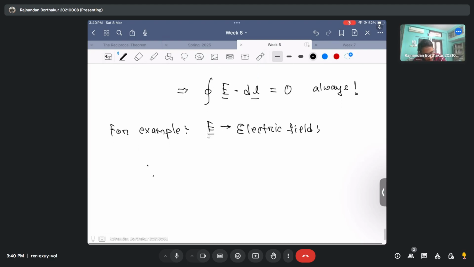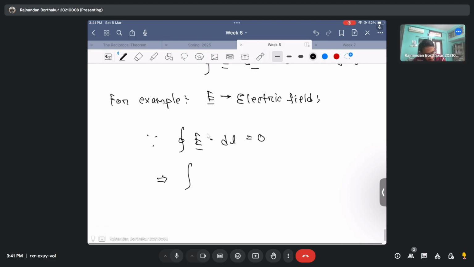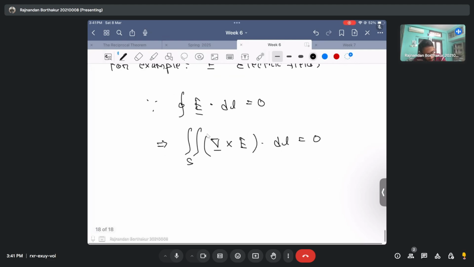Since if I integrate the electric field along a closed curve that is zero, which is something that we saw, now if I apply the Stokes theorem, I basically need to integrate over a surface the curl of E dot dA, and this is zero. And then for any generic surface, I can simply write that curl of E is equal to zero.